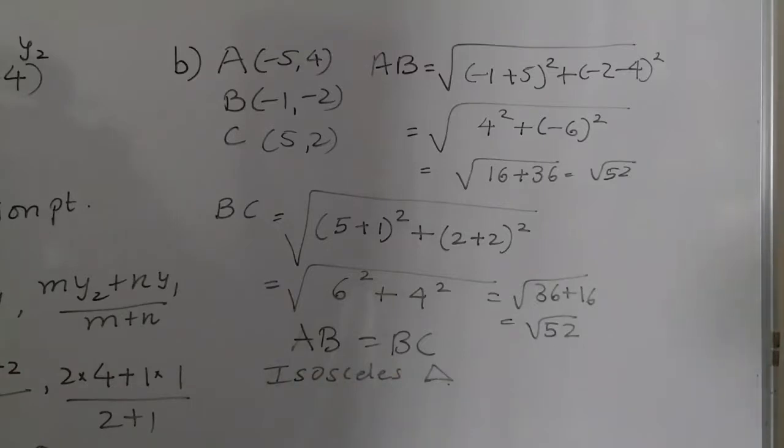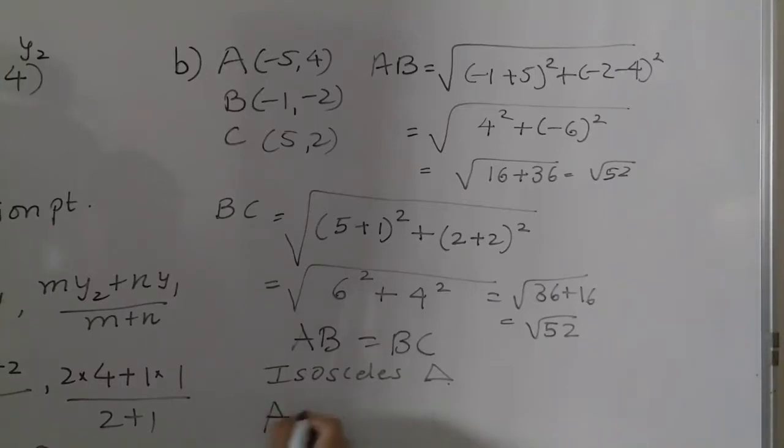Okay, then we also have to find out that it is a right angle triangle, because it is written that we have to prove these are vertices of an isosceles right angle triangle. For that we have to show by Pythagoras theorem that AC square is equal to AB square plus BC square.